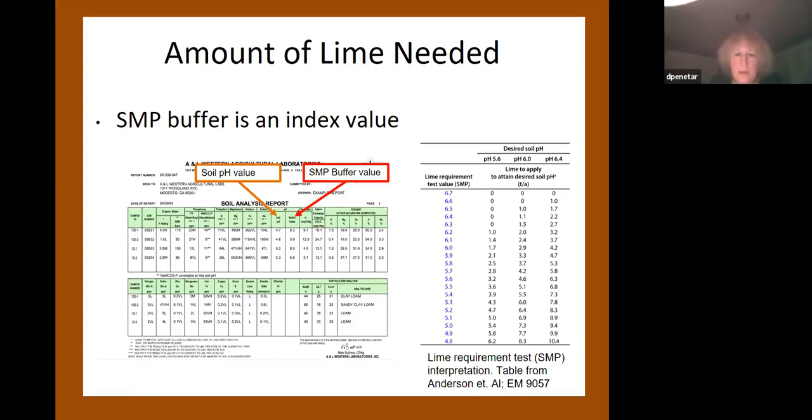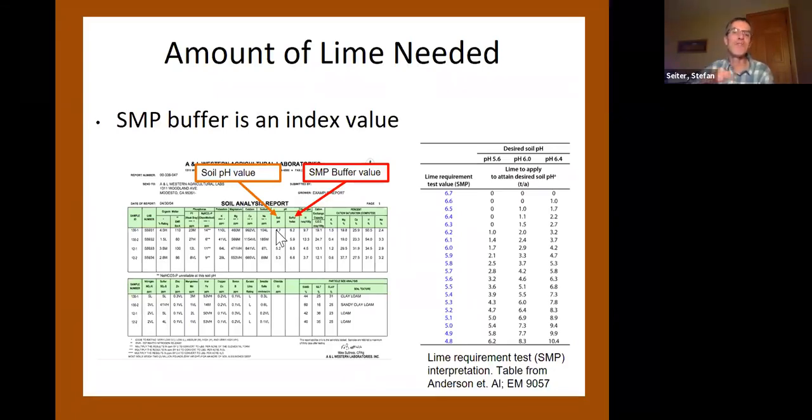But the buffer value, that's still not the bottom line. Then we have to go to a chart to find out what the actual pH is, and then you find out how much lime you need. What the actual pH is is not that critical for how much lime you need.